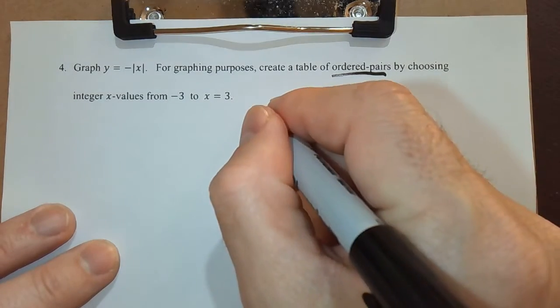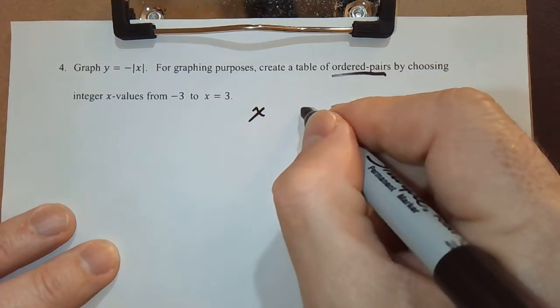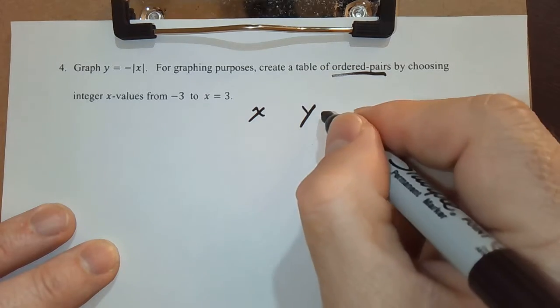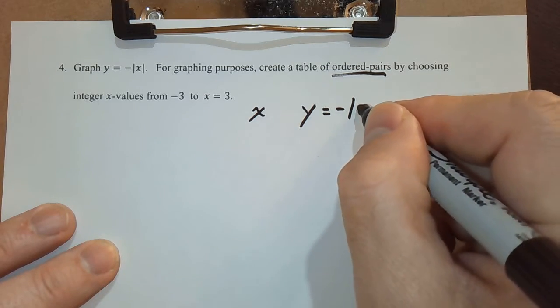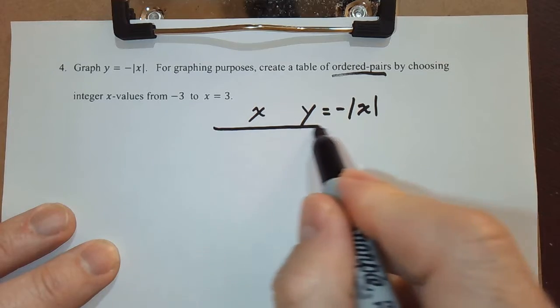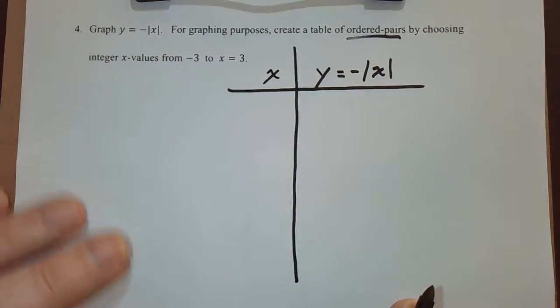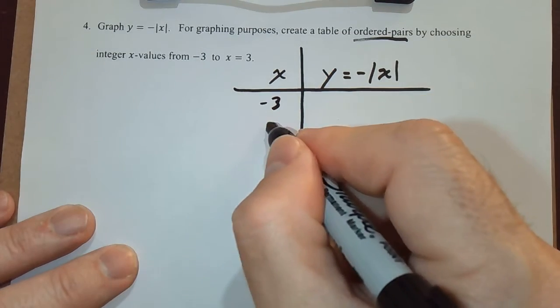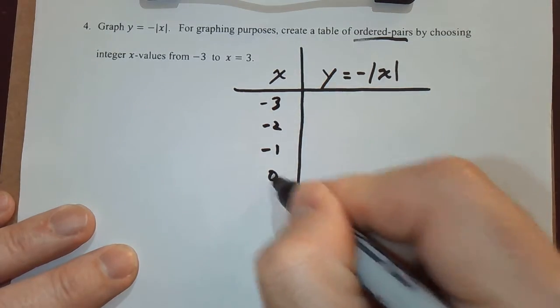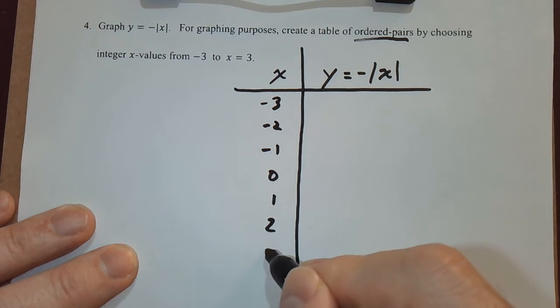So I'm going to put the x value here in the x column and the y value in the y column. So here is where we're going to put our table. So I'll do -3, -2, -1, 0, 1, 2, 3.